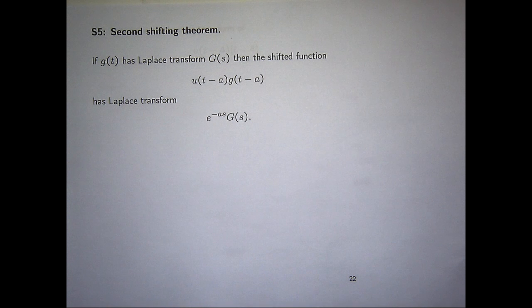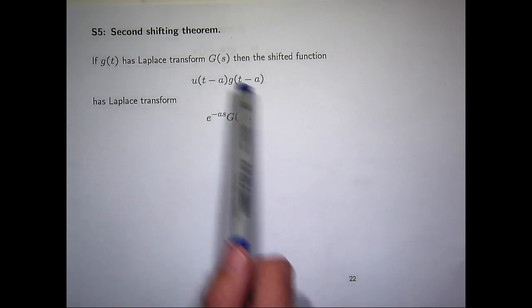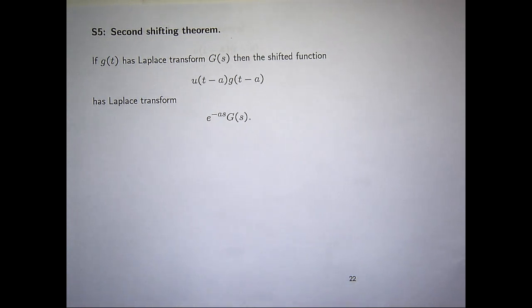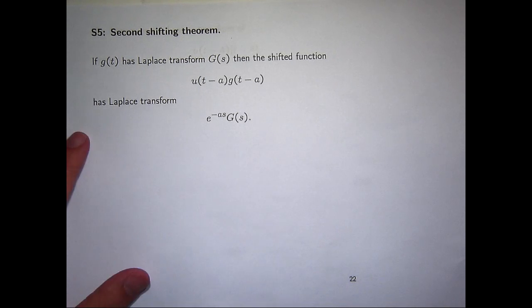Okay, so the second shifting theorem. Now, I've put a little g and a big G here just to make it consistent with what's in the table. I think originally I had these notes with little f and big F, something like that. So if you want to adjust them, please feel free. Okay, so let's have a look at it.